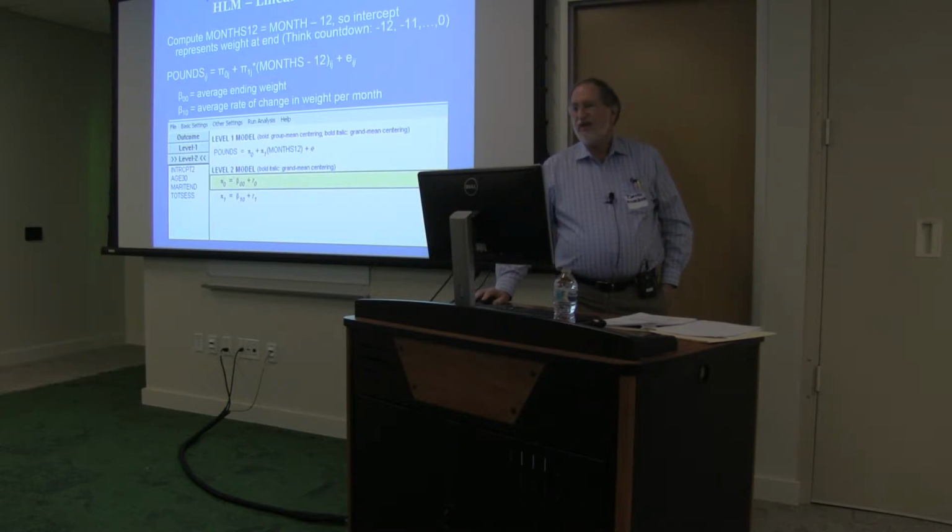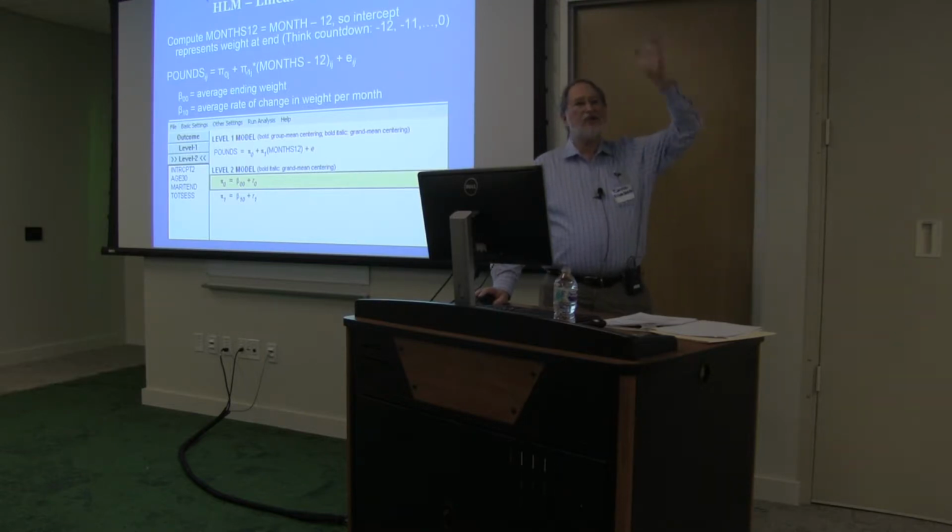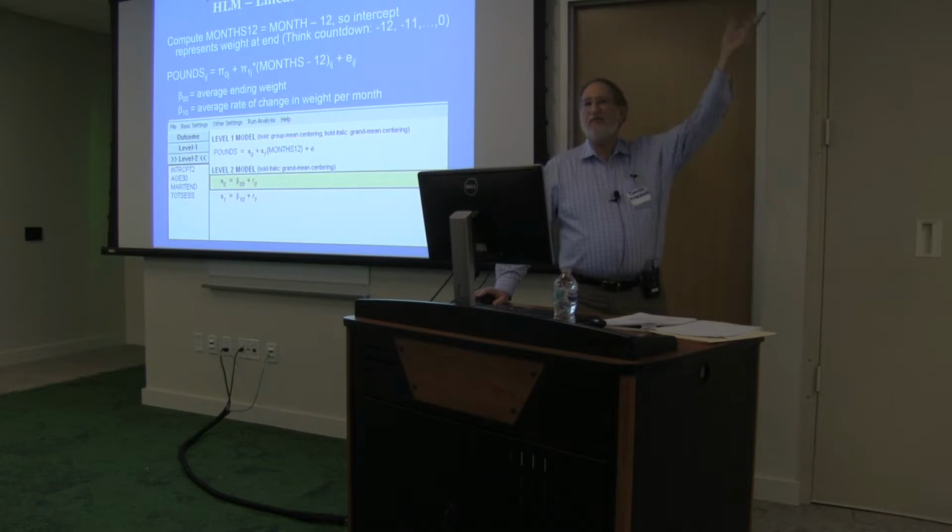If you look at this, you've got an intercept for each person and a slope for each person. This is modeling each person as a straight line. A straight line has an intercept and a slope. The slope is how fast they're losing weight, which is one of the things we're mainly interested in. The intercept is where they ended.